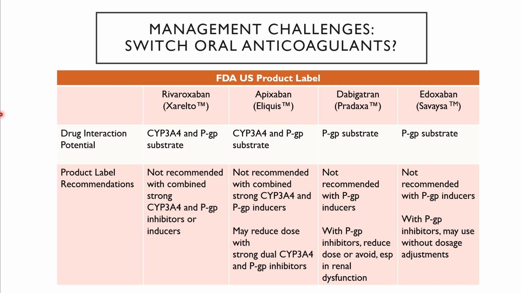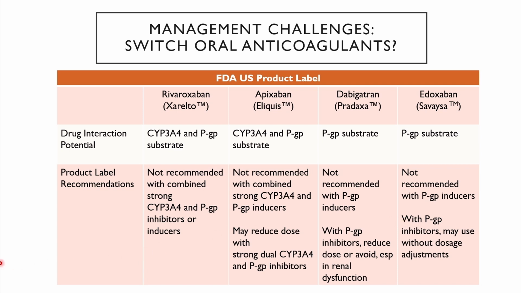Dabigatran, we already went through the label recommendation for that, and edoxaban, which is a fairly newer direct oral anticoagulant that's available. The data with edoxaban, if you note here in the product label, is that with specific P-gp inhibitors, you might be able to use it without any dosage adjustments. But I would caution that we have a patient here that's developed a side effect plausibly because of the oral anticoagulant.